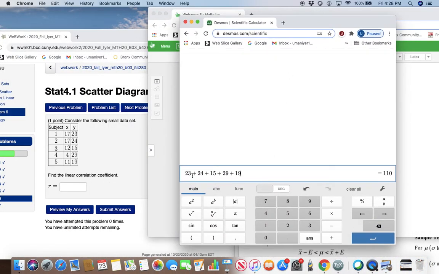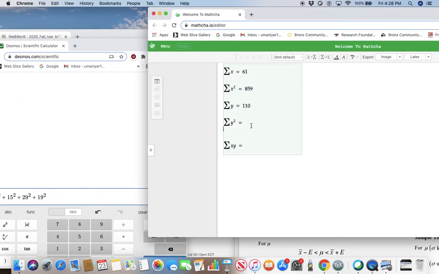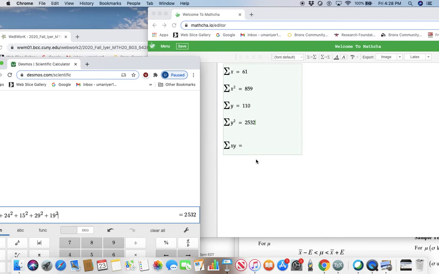Next step is to square each y and then add it all together. That gets me 2532. All right.